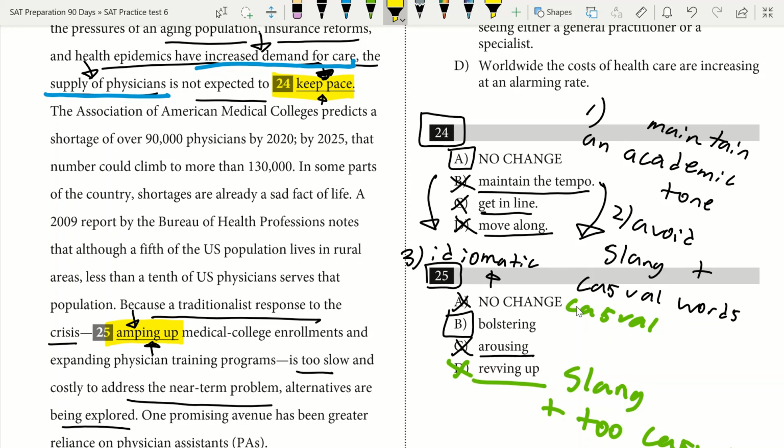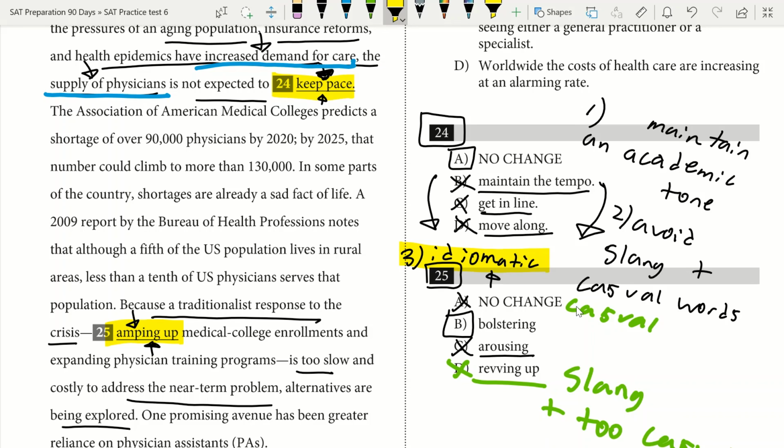So you want to maintain the tone of the passage, avoid using slang and casual words, and also make sure it's idiomatic. There are some questions, for example 25, that weren't testing your ability to see if it was idiomatic, but part of 24 was. So just understand that the third thing you want to check for is whether or not it's idiomatic. Would it flow naturally if we were to say it out loud?